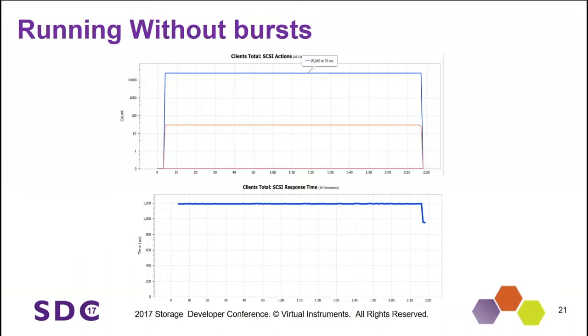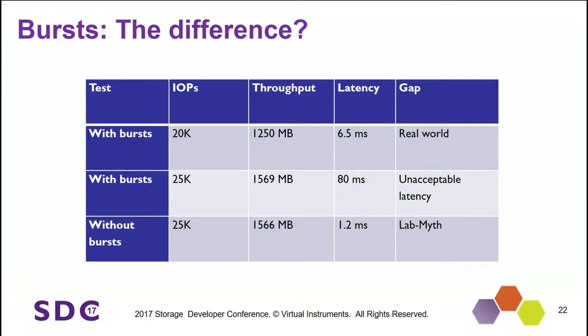And testing with those bursts, testing with that realism, is going to give you a lot better idea of what you're going to get when you really run the array. So here's the difference. I love this one. With bursts, they were getting 20K IOPS, throughput of about 1250 megabytes, 6.5 milliseconds latency, and this is the real world.